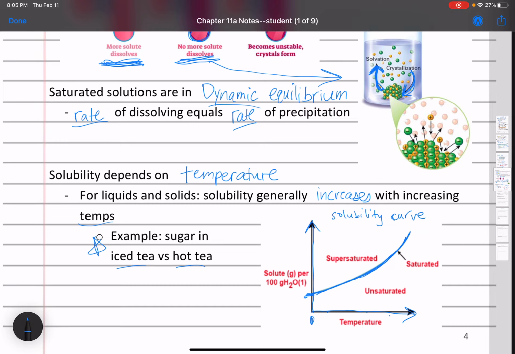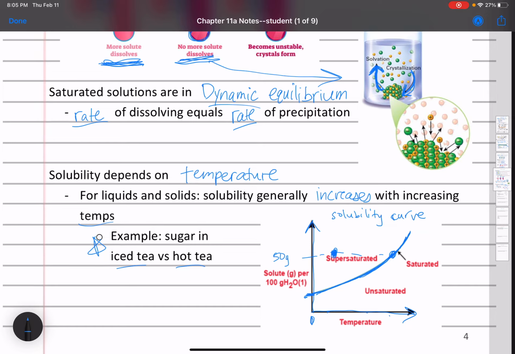But when it's warm, you could add, let's say, this much, let's call that 50 grams of sugar to warm water, all right? And then you could cool the water off. So you bring the temperature down here, okay, so now we've cooled the water off and now we're at this point, okay?